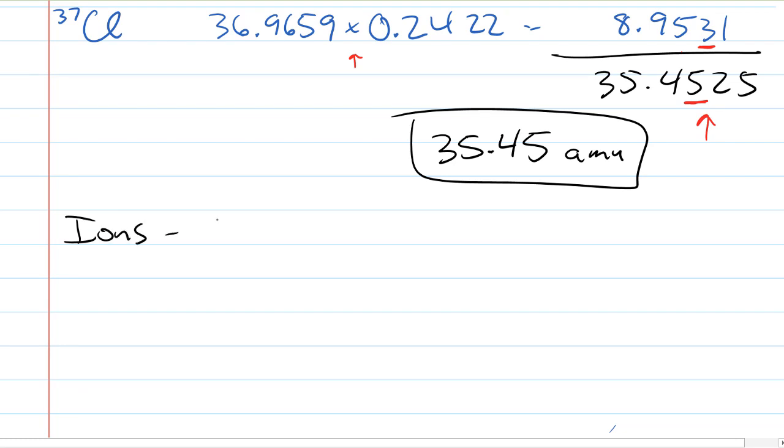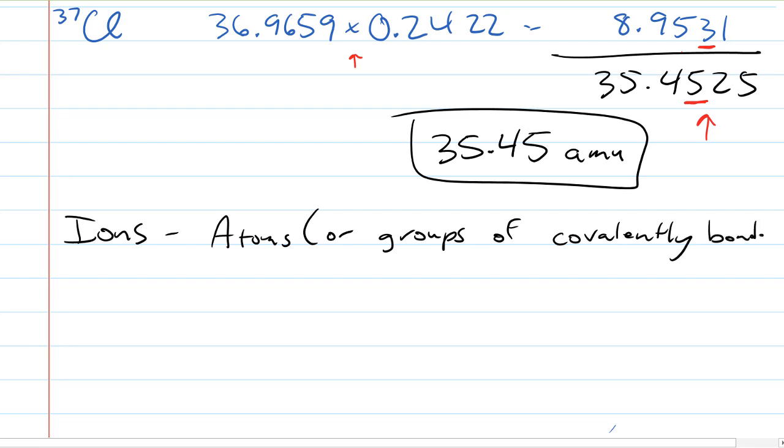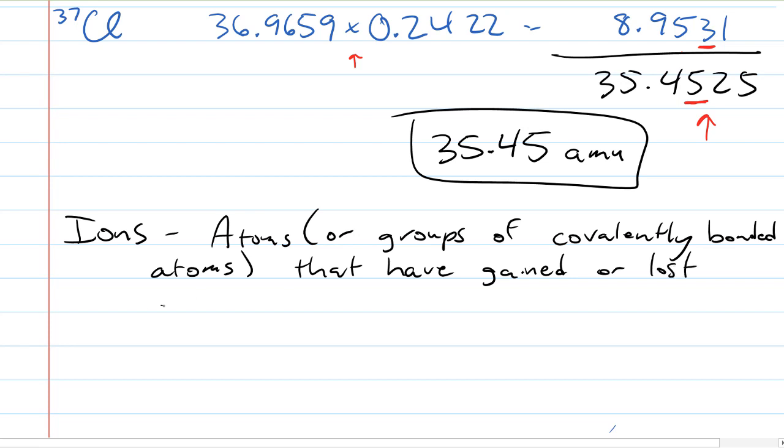And we say here that ions are atoms or groups of covalently bonded atoms that have gained or lost one or more electrons.